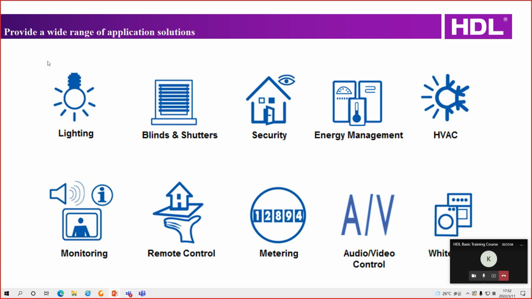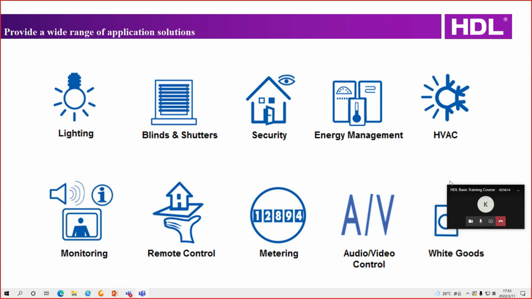And our company provides a wide range of application solutions like lighting, blinds and shutters, security, energy management, HVAC, monitoring, remote control, metering, audio and video control, and white goods.